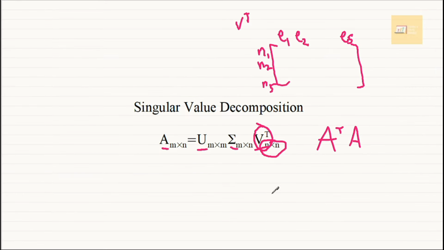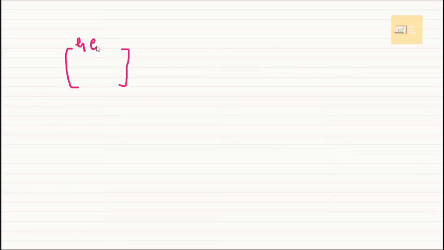The next step is sorting the eigenvectors based on their eigenvalues, which are in the matrix sigma. So matrix VT has E1, E2, E3, E4, and then E5. In the next step, we are sorting the eigenvectors from the most important one to the least important one.